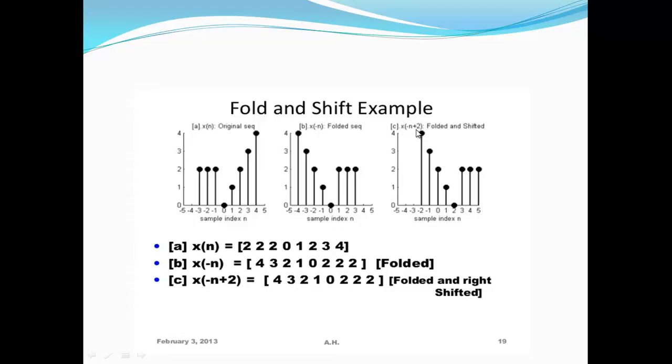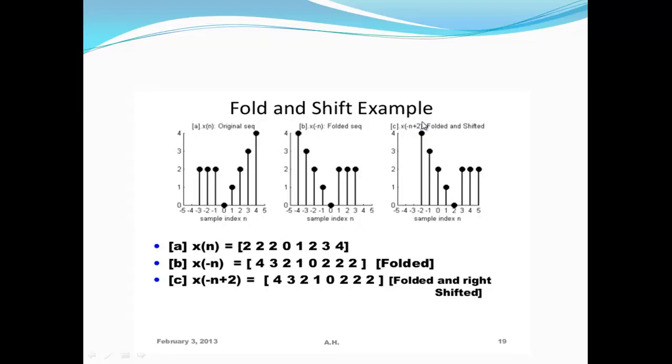Had it been delayed, instead of +2 it would have been -2, and your shifted sequence would have been this. So you would have delayed it by 2 seconds. If it was -4, it would have started at -6. That is, you have delayed your sequence.